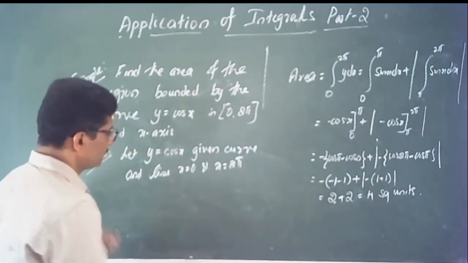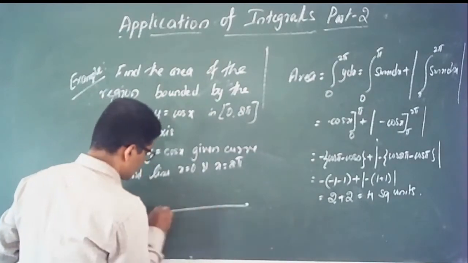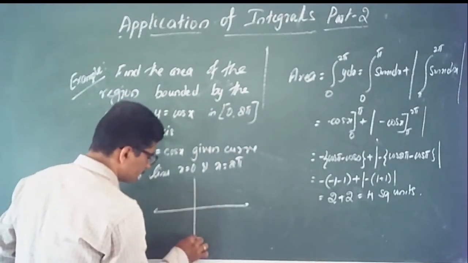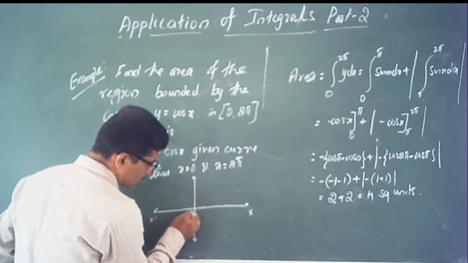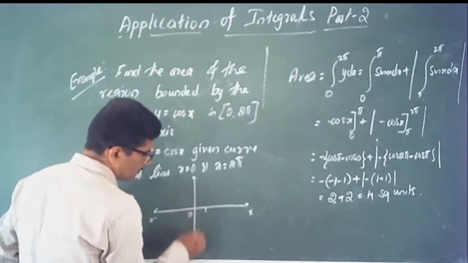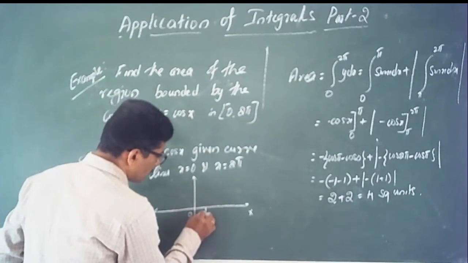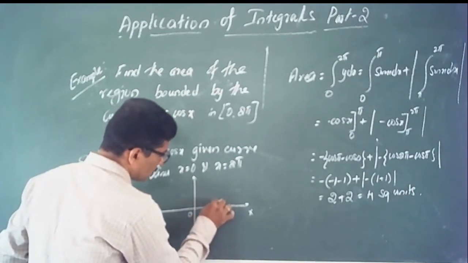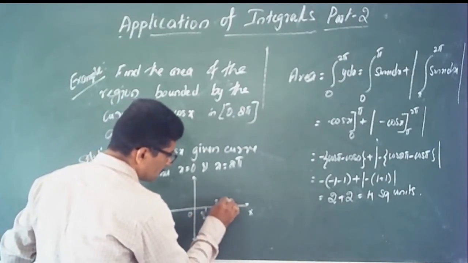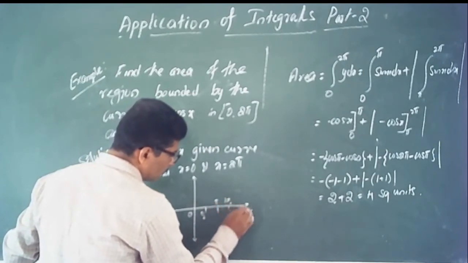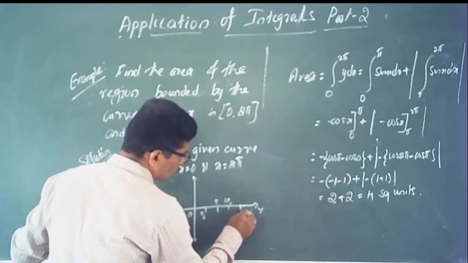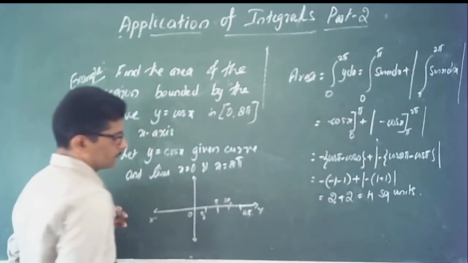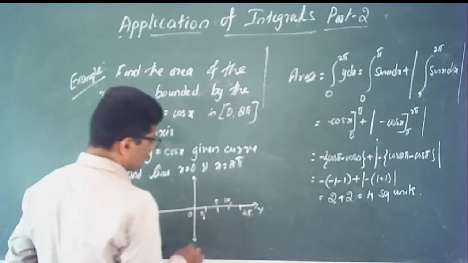How does it come? This one is the coordinate axis, x-axis and y-axis, 0, pi by 2, pi, 3 pi by 2 and 2 pi. Is that correct? How is the curve?